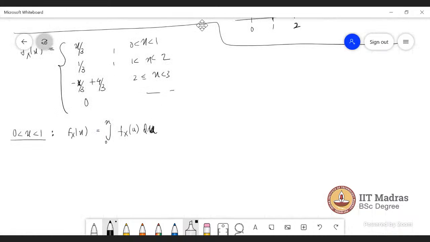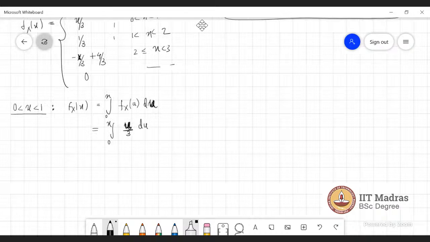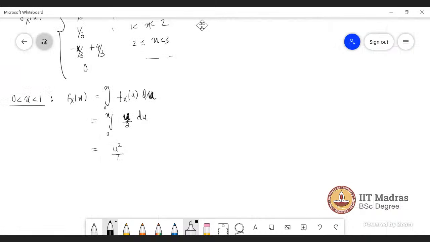For the interval 0 to 1, it is x by 3, so in place of x we write u. So u by 3 du, where u varies from 0 to x. This is going to be u squared by 6 from 0 to x, and it will come out to be x squared by 6. So for 0 to 1, it is x squared by 6.